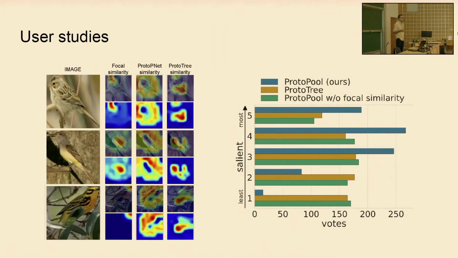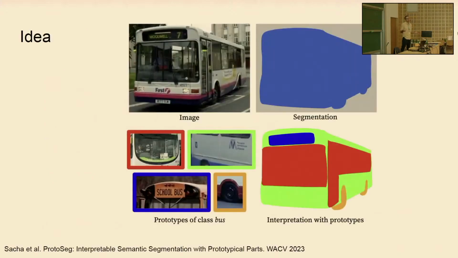Because we really enjoyed working with prototypes, we also tried to apply it to segmentation. So the idea was not to just obtain the segment of the object, but to obtain information about the parts of the object, right?